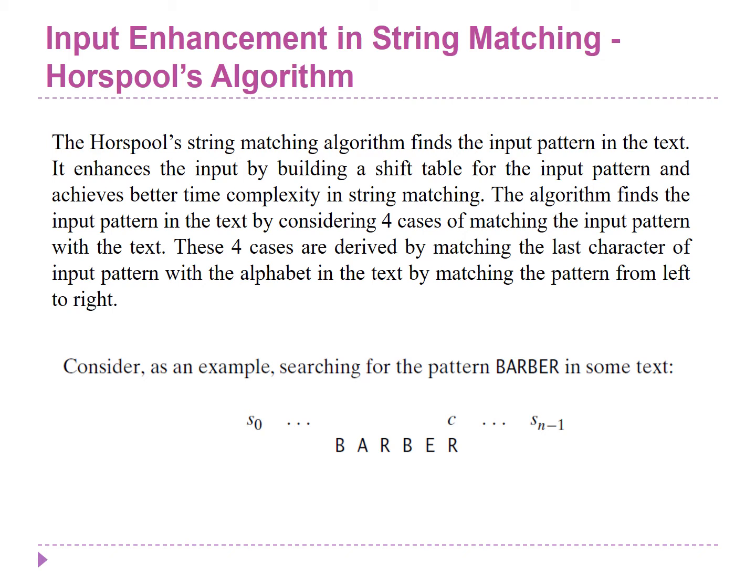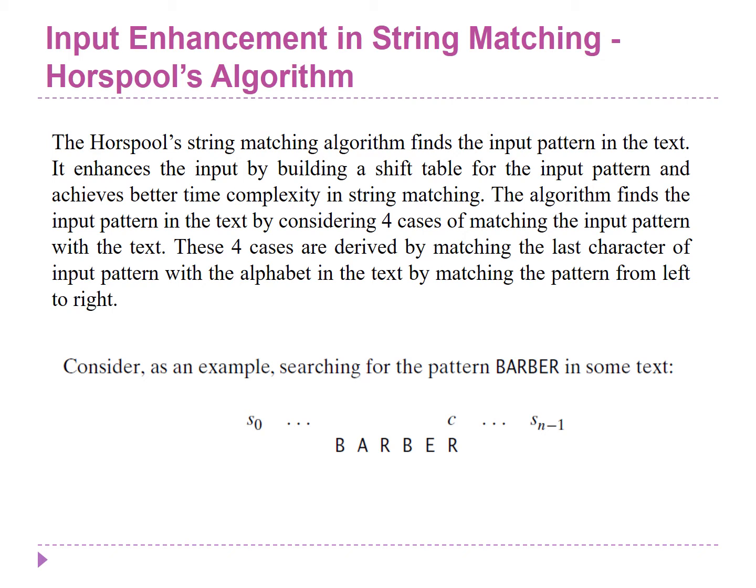The algorithm finds the input pattern in the text by considering 4 cases of matching the input pattern with the text. These 4 cases are derived by matching the last character of the input pattern with the alphabet in the text, by matching the pattern from left to right of the text.